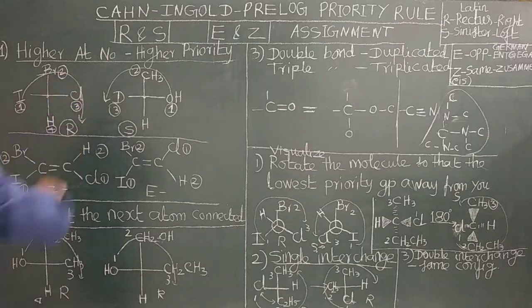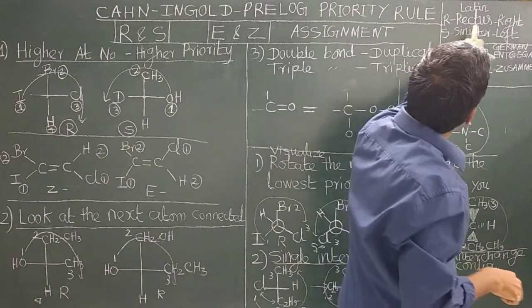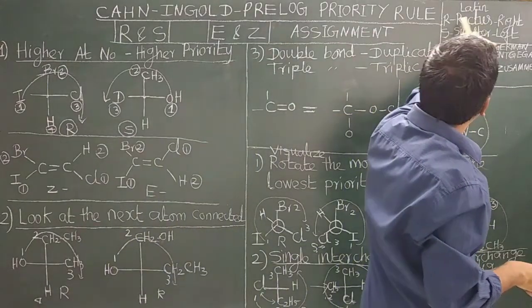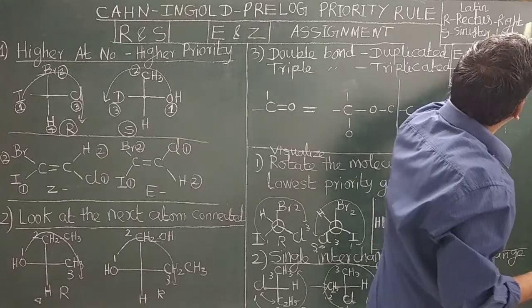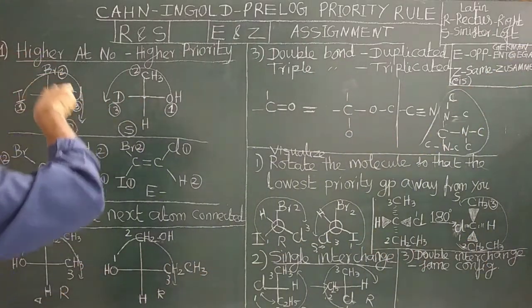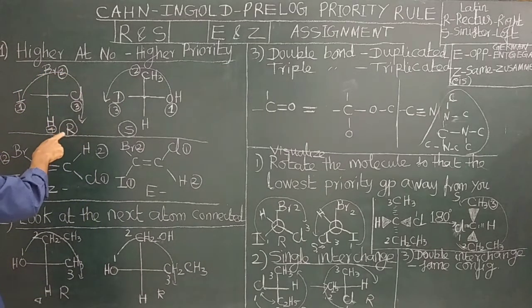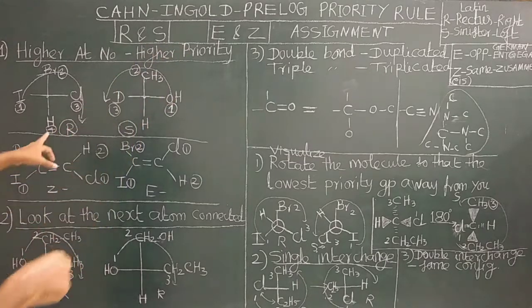If the arrow moves to the right hand side, R means rectus in Latin, which means right. If your eye or the arrow moves in the clockwise direction, then it is called R. That is the R configuration.